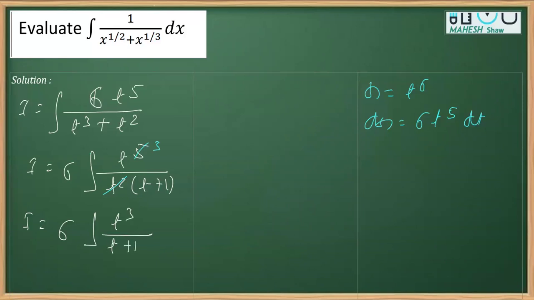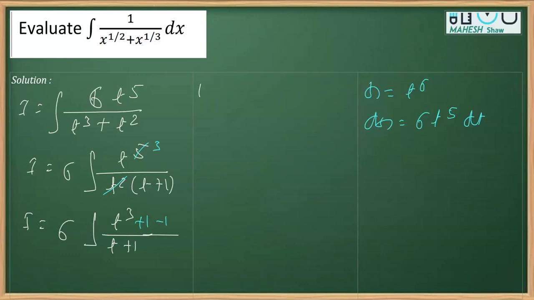Now, in order to simplify it further, I'm going to add and subtract 1 on it. We are doing this so as to reduce the denominator here. So I added 1, and now I'm subtracting 1 from here.